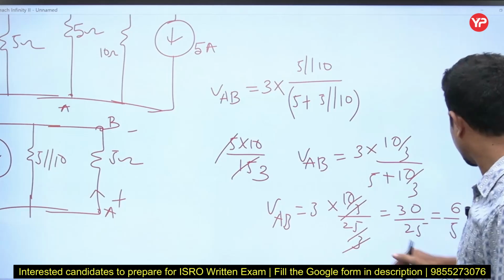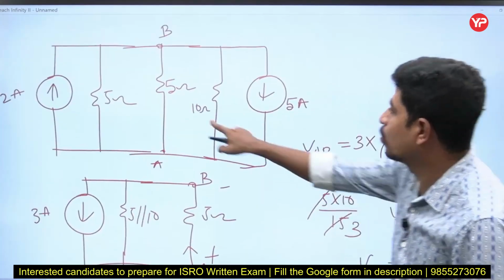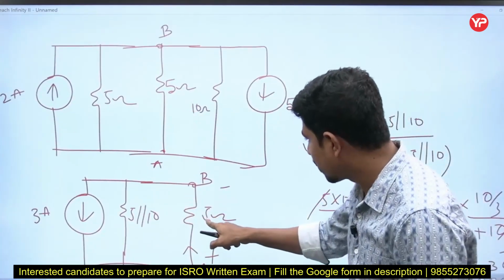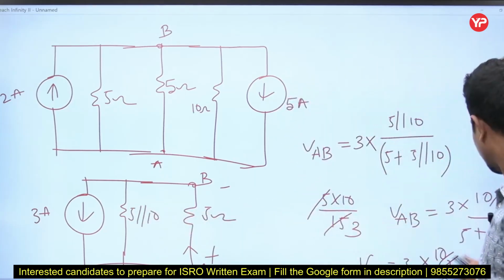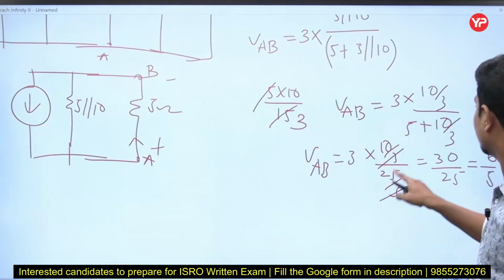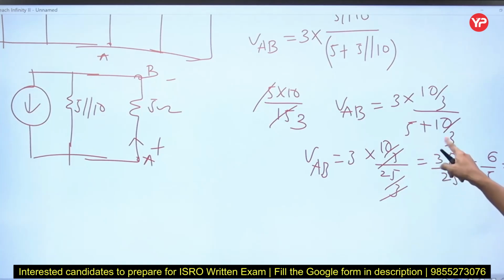I want the current through this 5 ohm, so this resistance in the numerator I have to take, divided by total resistance 5 plus 10 by 3. Now 3 into 10 by 3 by 5 plus 10 by 3, this is 15, 25 by 3, 3 gone, 3 into 10 divided by 25. Perfect, our answer is perfect, okay.